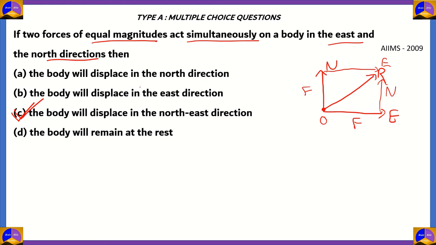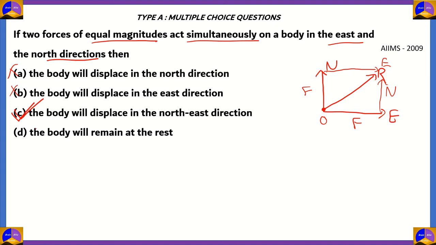If you want the body to displace in the north direction, then the magnitude of force here must be greater, which in this case is incorrect. For option B to occur, the magnitude of force along the east direction must be greater, which is also incorrect.